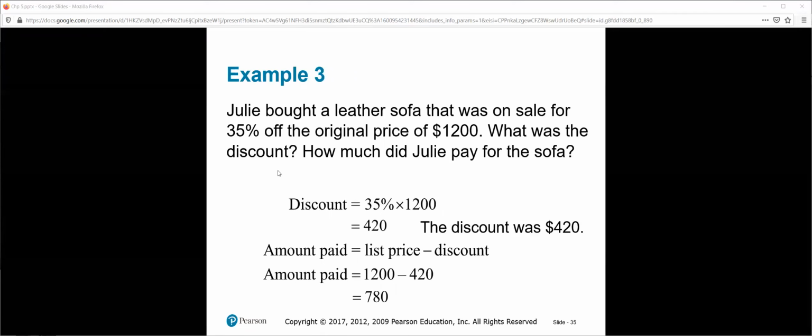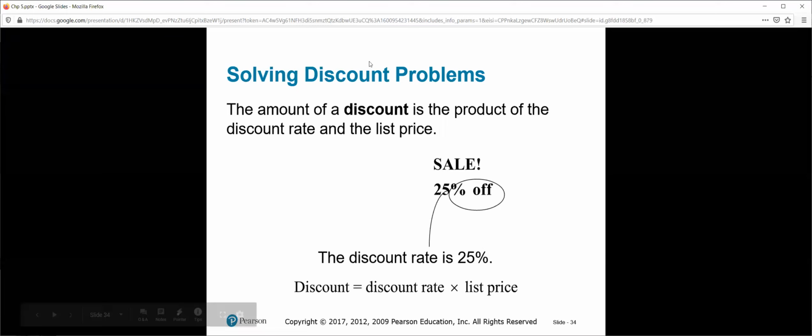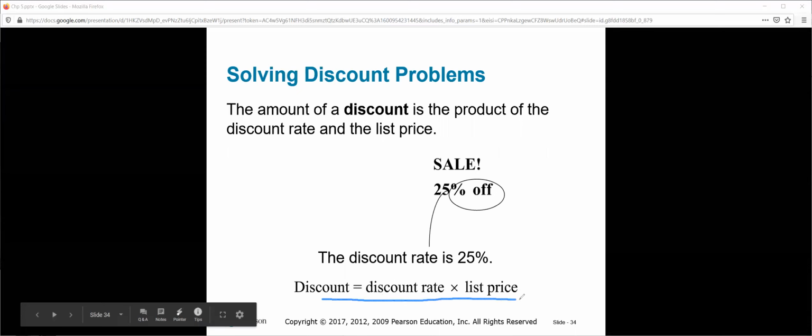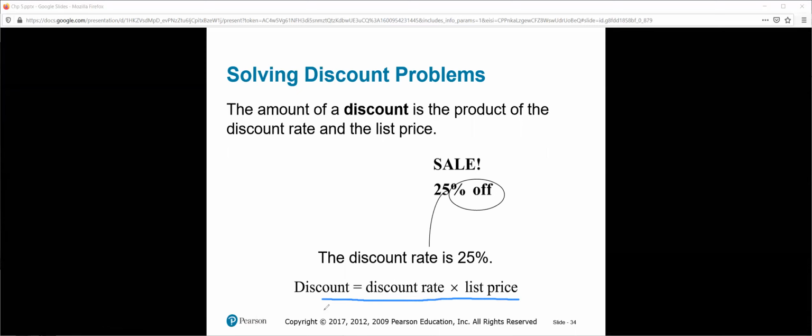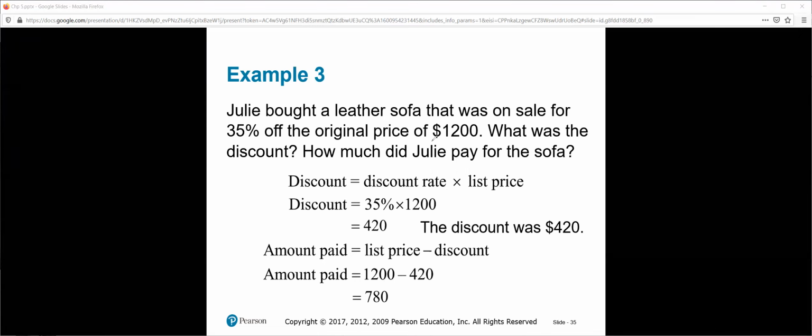Well, on the previous slide here, we find out that your discount is equal to your discount rate times your list price. If you know your discount rate, you know your list price, multiply those together, get your discount. So of these numbers up here, which one is the price? Which one is the discount?